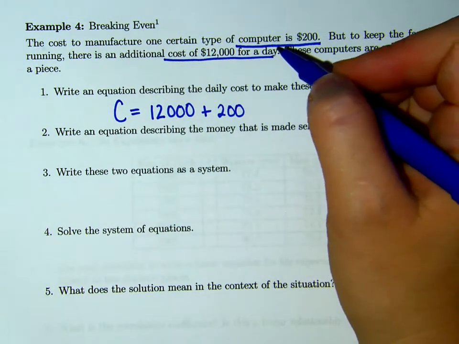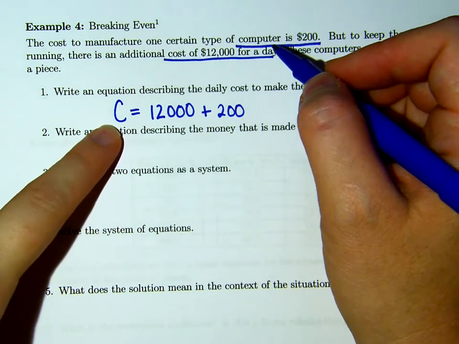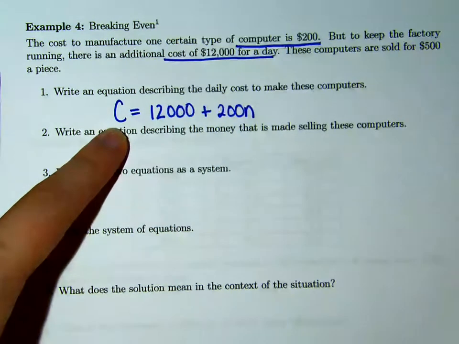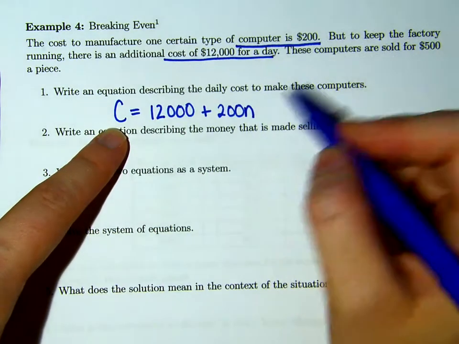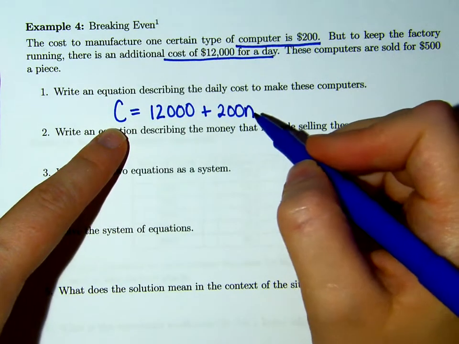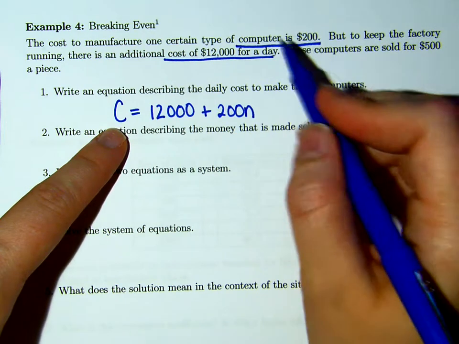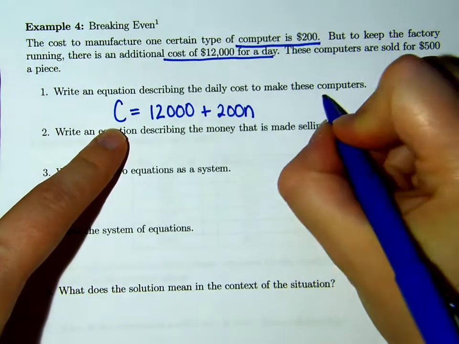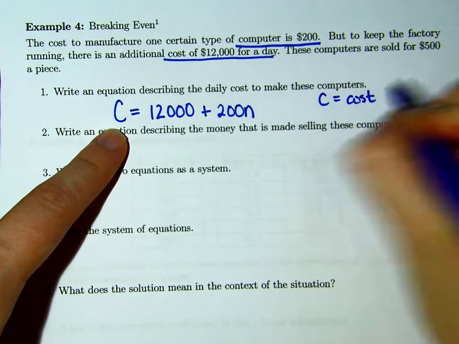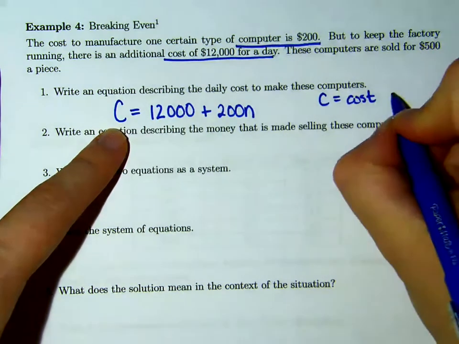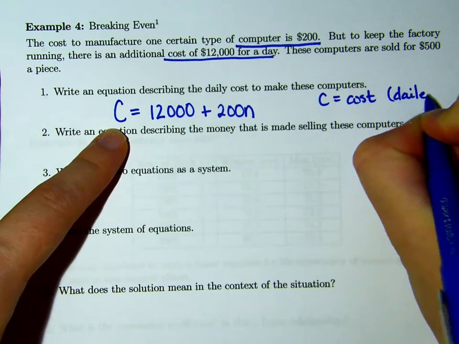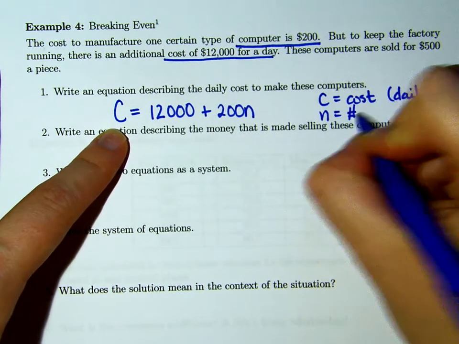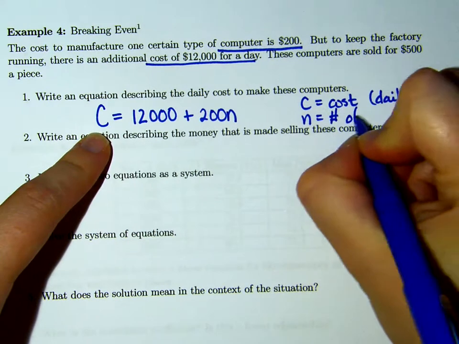C for cost, and I'm going to go N for number of computers, because if you make 3 of them, then you just cost yourself $600. So it was 200 times 3. Daily cost. And N equals number of computers built.